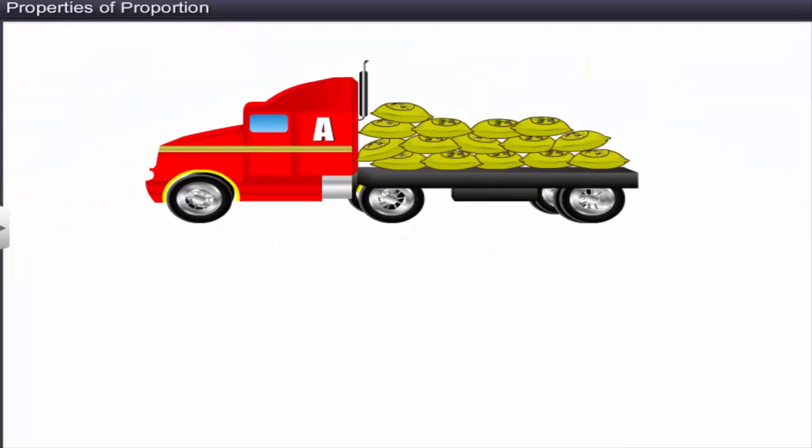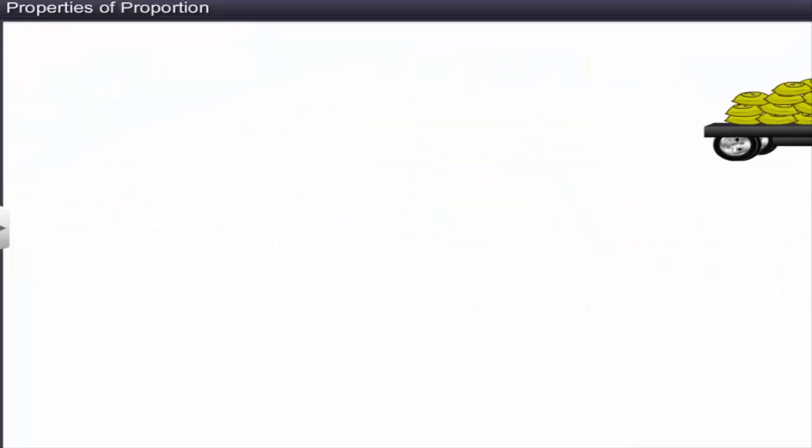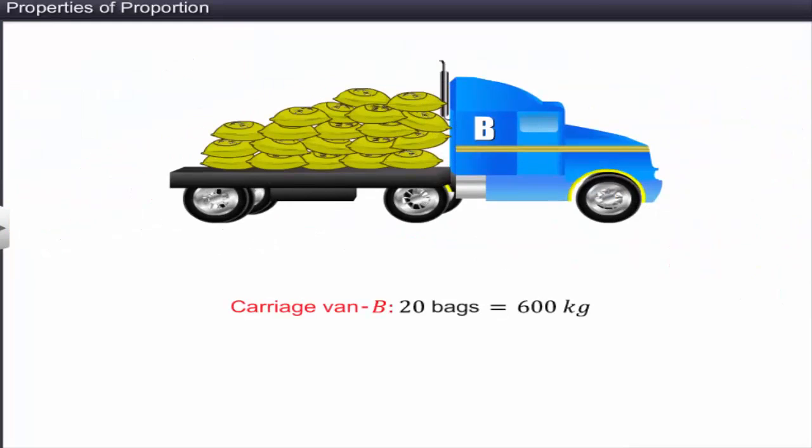As each bag contains 30 kilograms of rice, carriage van A carries 450 kilograms of rice, while carriage van B carries 20 bags, which is equivalent to 600 kilograms of rice.